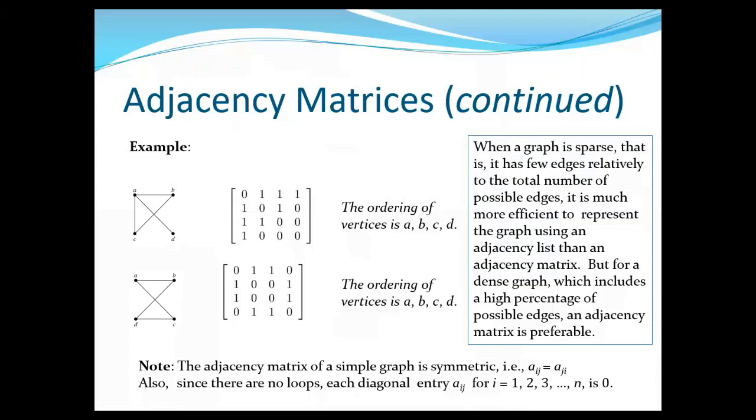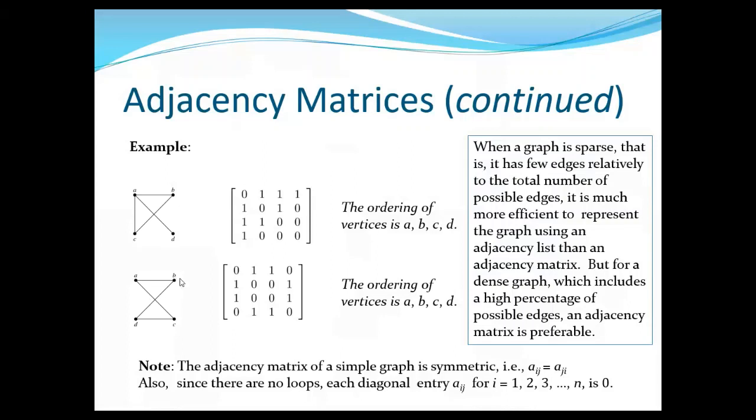Another example. We have A, B, D, C here, but still this is A, B, C, D: A for the first column, B second, C third, D fourth. Again, the column is the terminal vertex, and the row is the initial vertex.